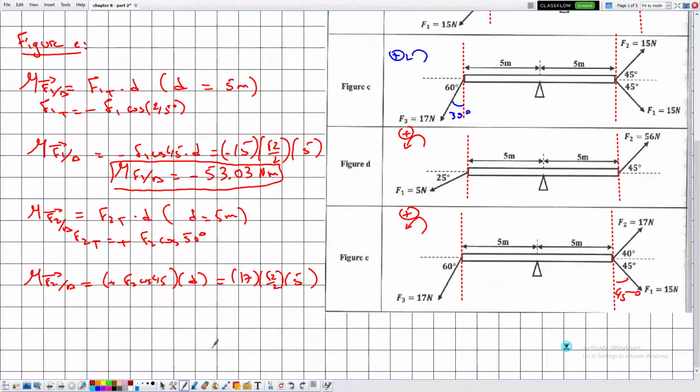Therefore, plugging this into the calculator, the moment of the force F2 around the axis delta is equal to 60.1 Newton meter.